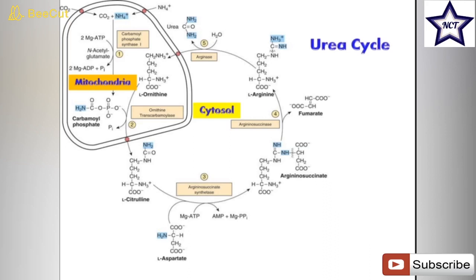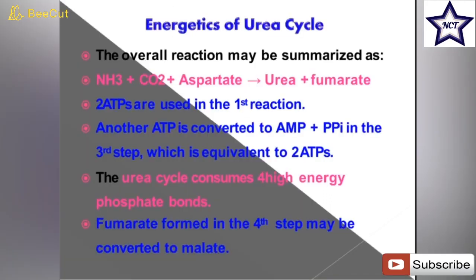Urea is excreted through the urine. So if we summarize the whole reaction, ammonia and carbon dioxide undergo the reaction, aspartate is involved in the third step, resulting in the formation of urea and fumarate.